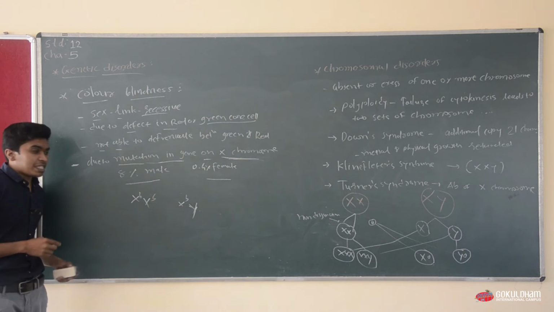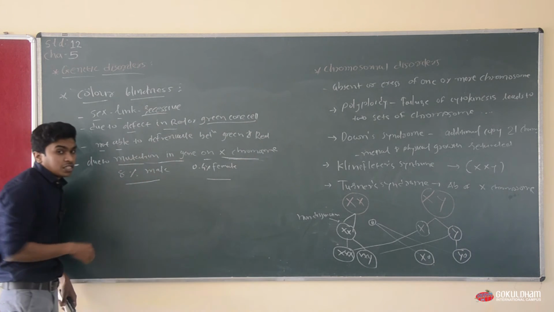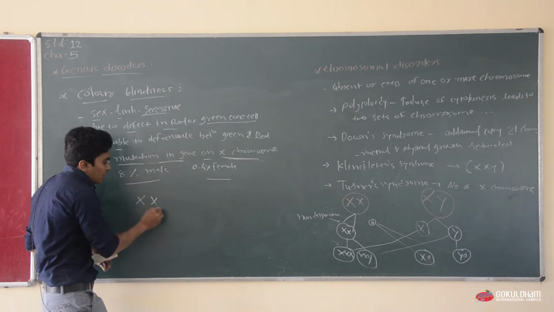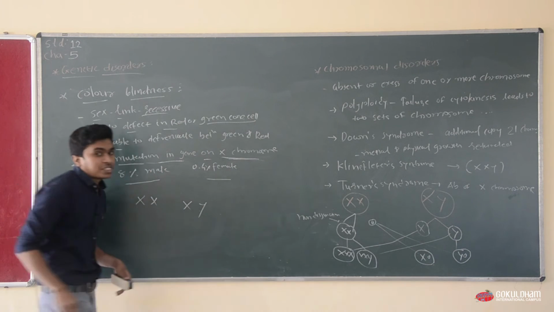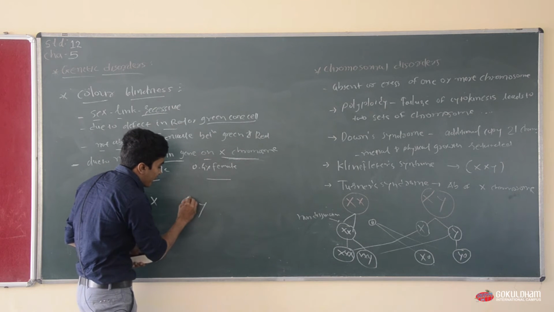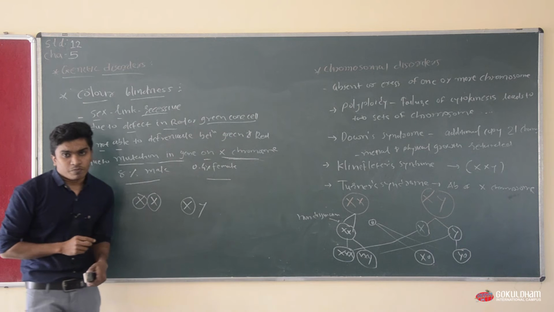As we all know, in sex-linked disease, the probability of a male having the disorder is 50%. How? A male has only one X chromosome, whereas a female has two X chromosomes.